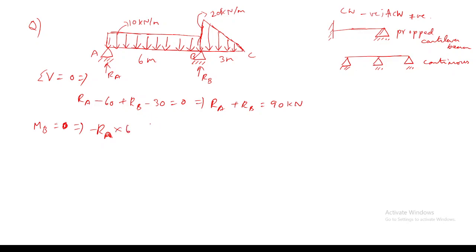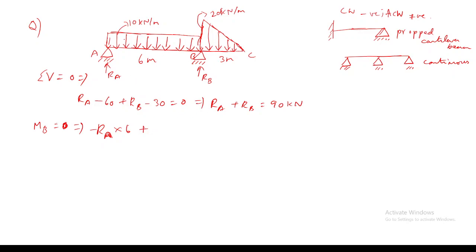Then due to this uniformly distributed load, I will be getting a moment about B, right? And also due to this uniformly varying load, I will get a moment about B. So all these should be equated to 0.